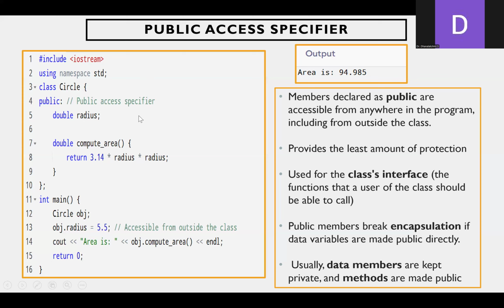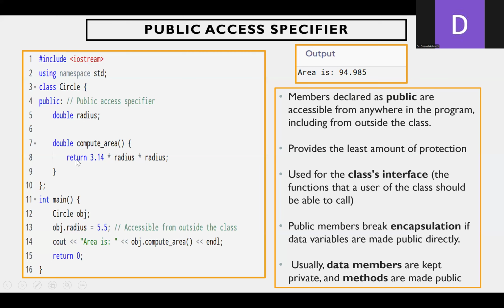That's how it works via objects. Here is a data member of type double that stores the circle's radius. Since it is under public, it can be read and written from outside the class. For example, if you write object.radius = 5.5, it is accessible from outside the class.